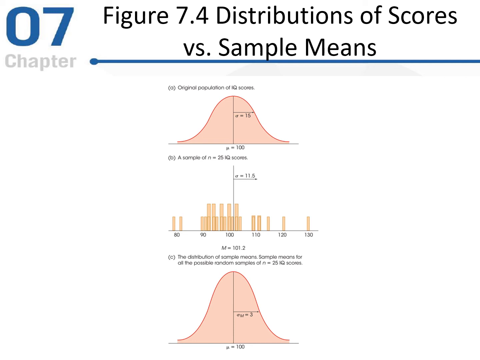You don't want 5 people, but you also don't want 5,000. Take something in the middle, 100, 200, depending on your discipline. In psychology, 100, 200 if you have the ability to do it, that's fine. No one expects more than that, but you also don't want really small samples, because it's going to put you in trouble. You're not going to be able to support your ideas that way.